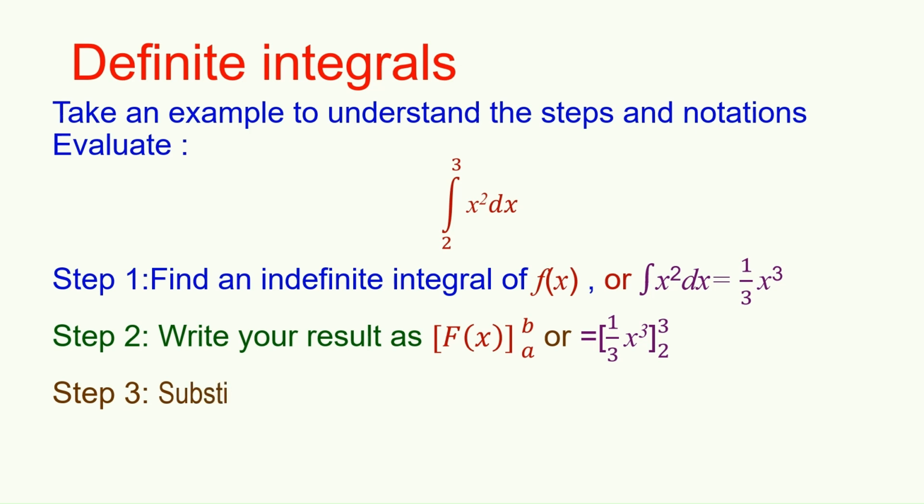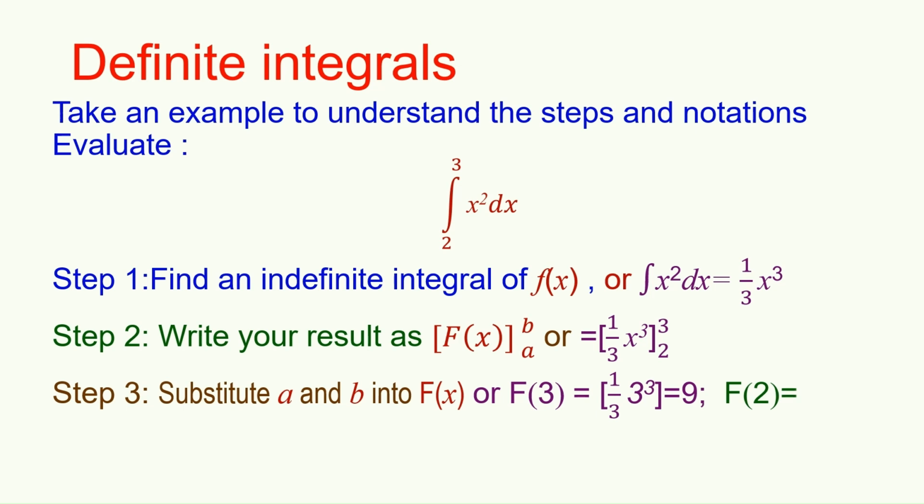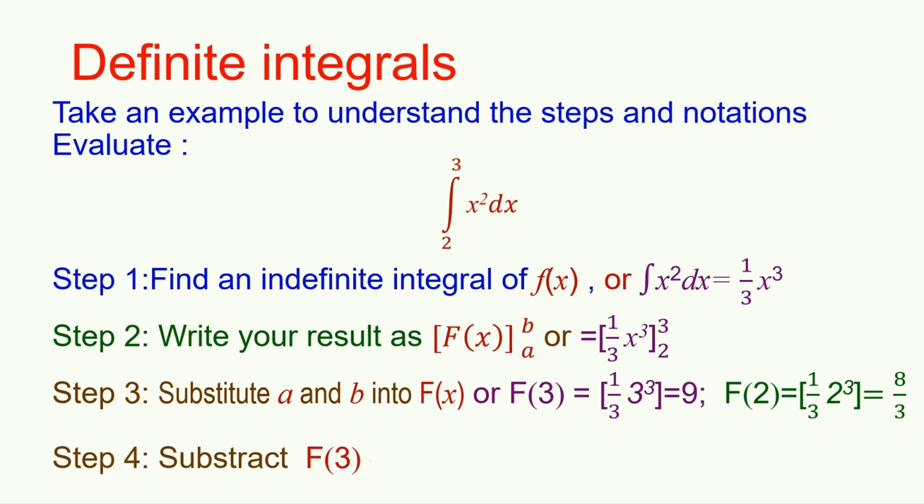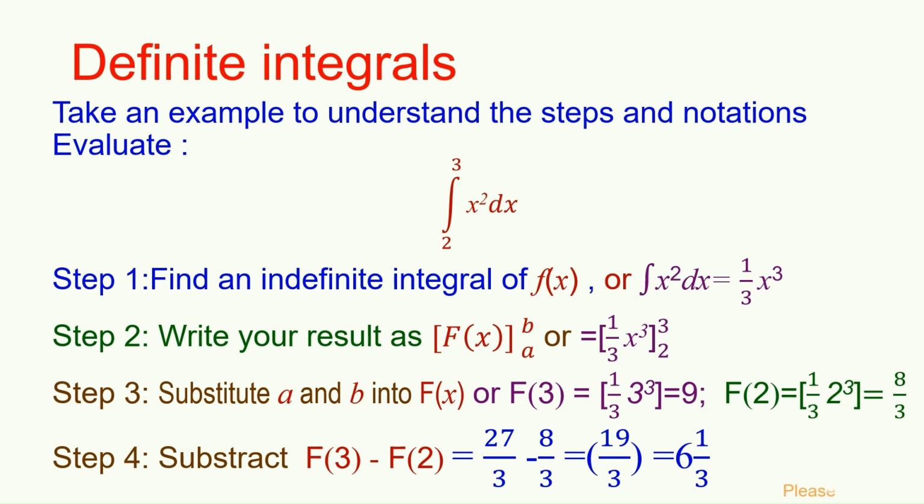Substitute a and b, or 2 and 3, into F(x). F(3) equals 1/3 times 3 cubed equals 9. F(2) equals 1/3 times 2 cubed equals 8/3. Step 4. Subtract F(3) minus F(2) equals 27/3 minus 8/3 equals 19/3 equals 6 1/3.